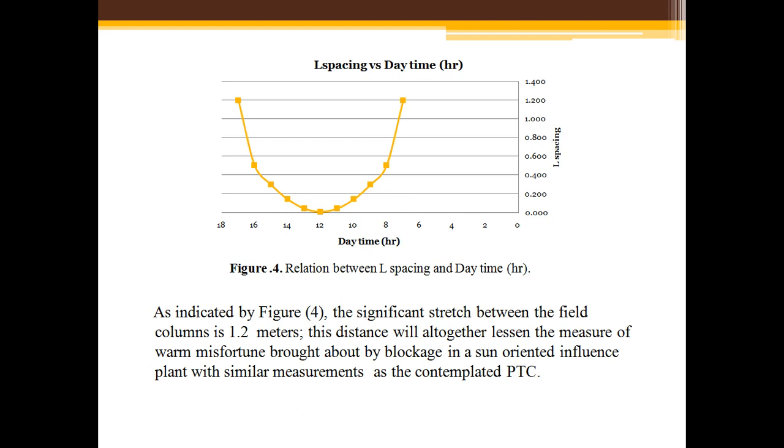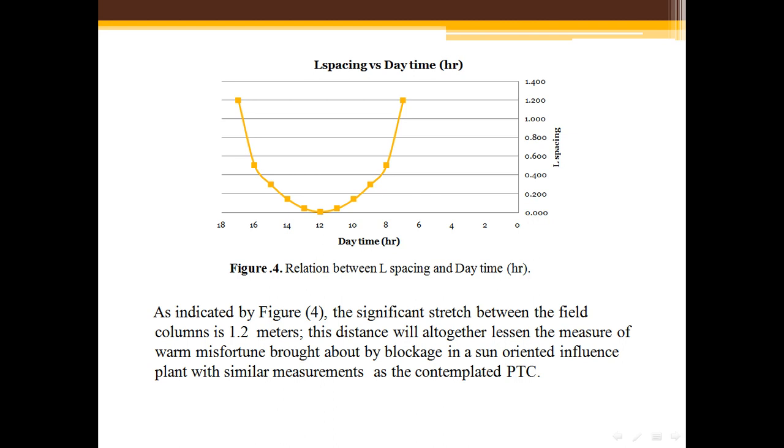This figure shows the L spacing with the daytime hours. The grid distance between the field rows is 1.2 meters.